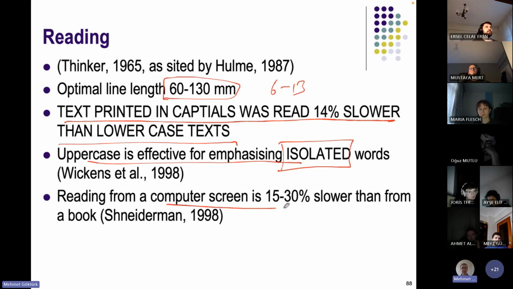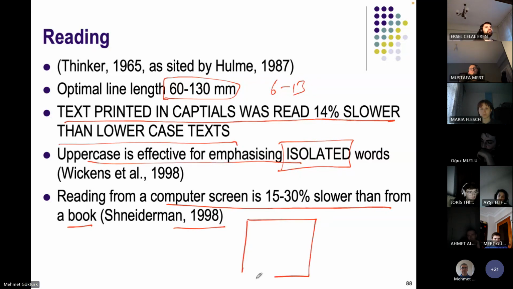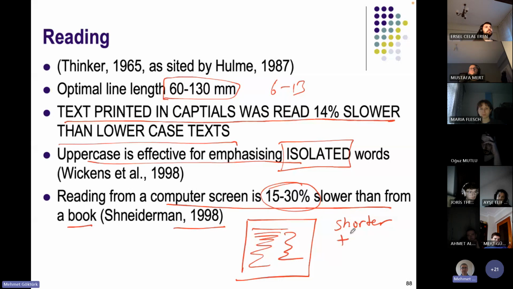Reading from a computer screen is slower than from a book, shown by Ben Shneiderman in 1998, and it tells us that when we are preparing information for internet consumption, web consumption or mobile consumption, it has to be shorter than paper.